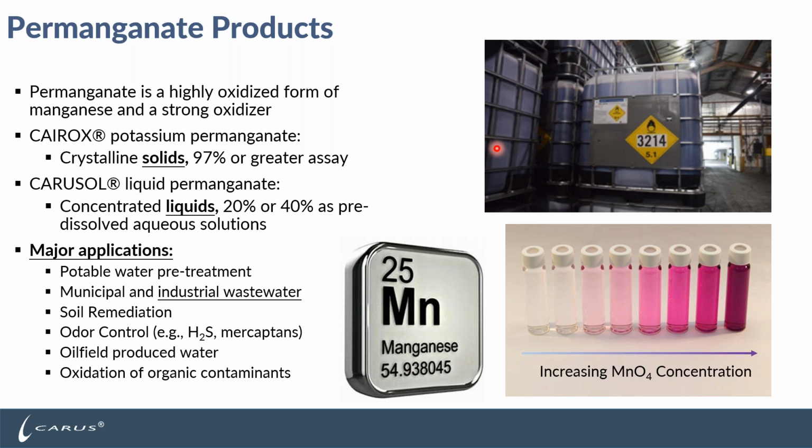But they're also available as diluted aqueous solutions, which can often be more convenient to receive and feed. Permanganate solutions will be light pink to dark purple in color, depending on the concentration of the solution. You can see that in the picture here, with increasing purple pinkish color with increasing concentration.